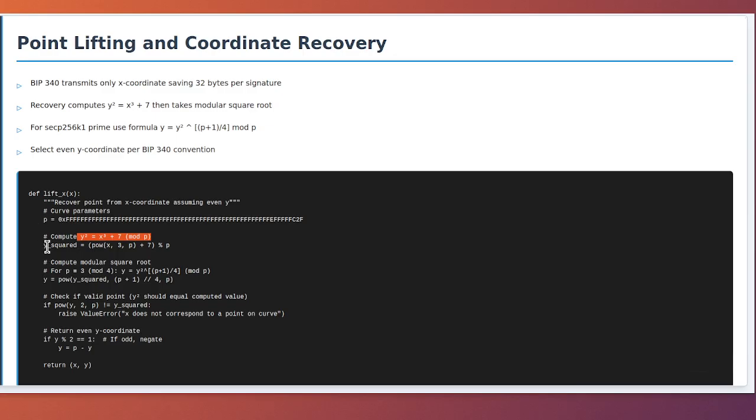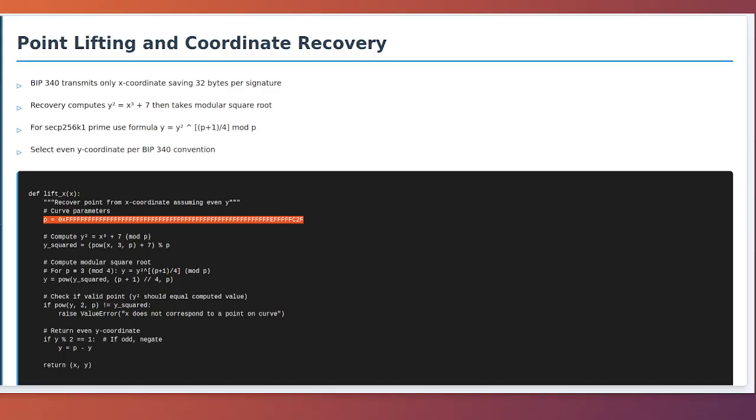If this value is a quadratic residue modulo p, meaning it has a square root, then there exists a valid point on the curve with this x-coordinate. To find the y-coordinate, we need to compute the modular square root of y squared modulo p. For SECP256K1, where the prime p has the special form p equals 3 modulo 4, there is an efficient formula for computing square roots.